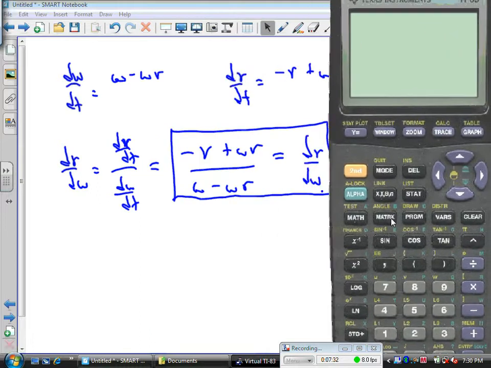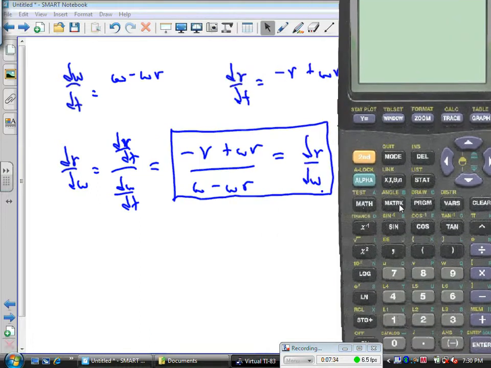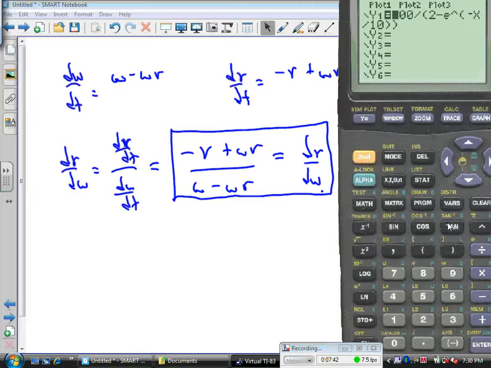And remember, before you run the slope field program, we've got to do what? Go to Y=. Well, it would help to turn it on too. Okay, let's clear that out. All right, now remember what we said. R is y in the program, alpha y, and w is x, the variable x, right? So I'm just going to write this: negative y plus x times y in the numerator.